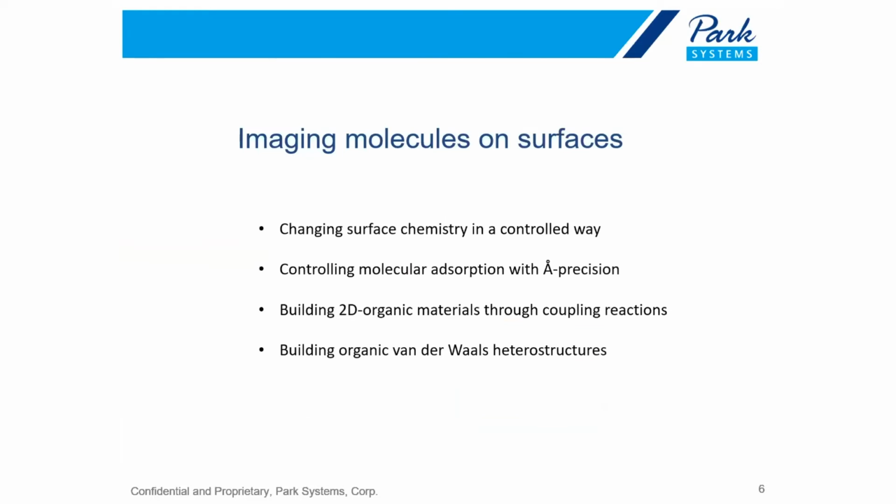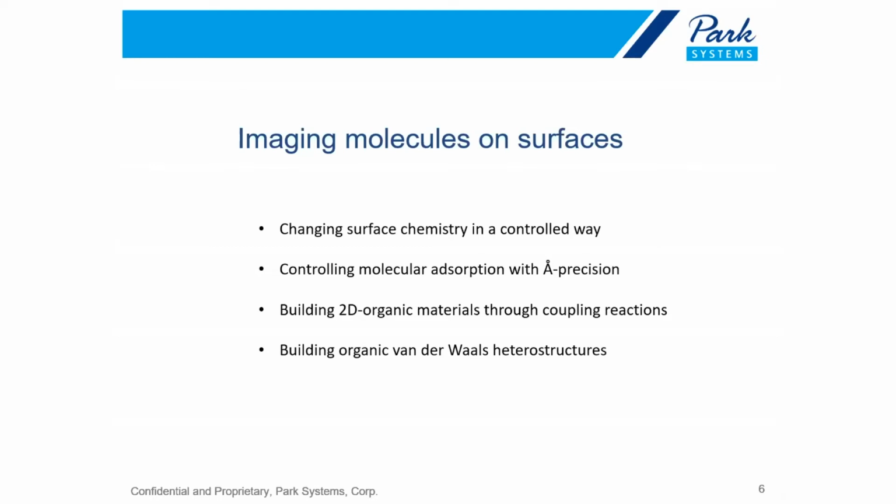Okay, so first let's talk about imaging molecules and surfaces. Why is it so important? First, when you adsorb molecules on some surfaces, you can change the chemistry, so it's a controlled chemistry. You can also control the molecular adsorption if you use the first layer of molecules to position the second layer of molecules, the third layer of molecules, and so on with angstrom precision.